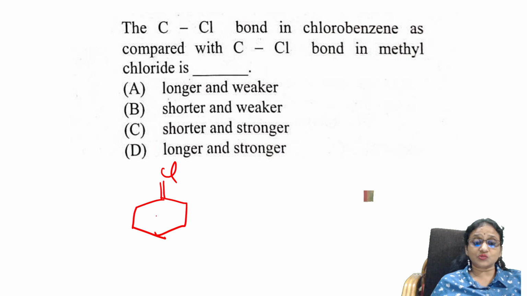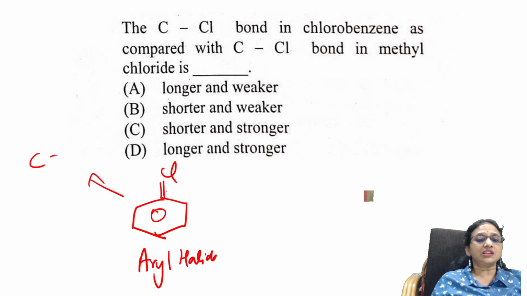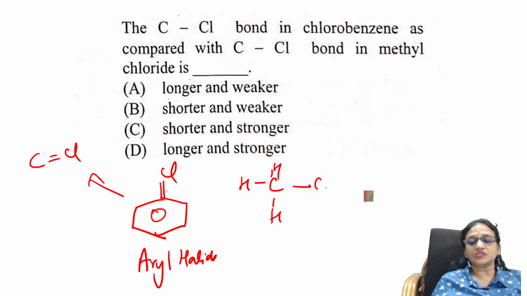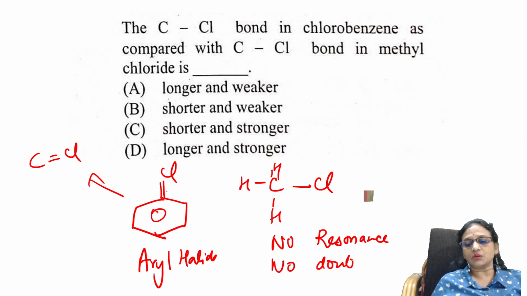In aryl halide, the C-Cl bond has double bond character. Let me take methyl chloride. Is there any resonance, students? There is no resonance, so there is no double bond.